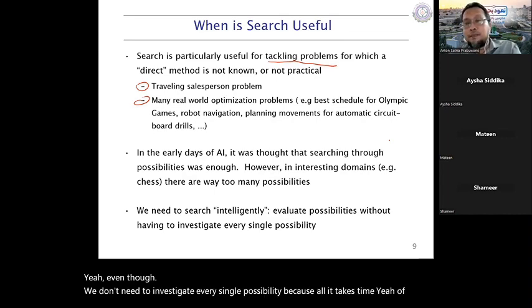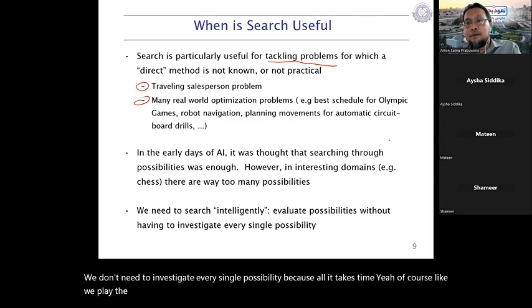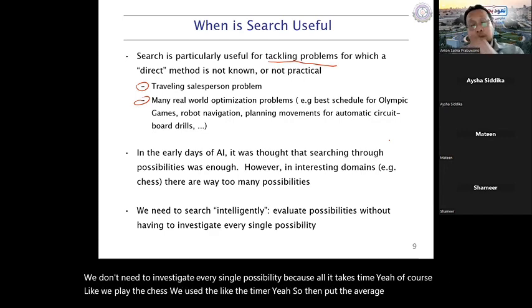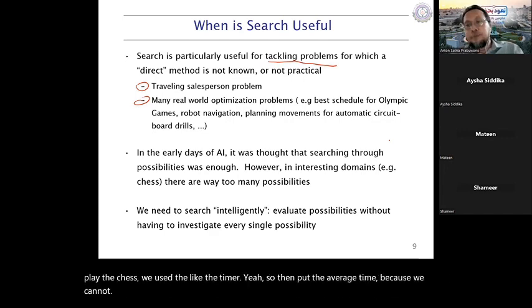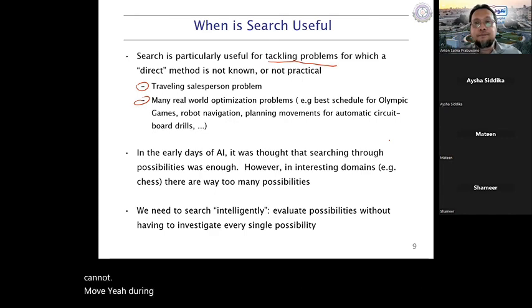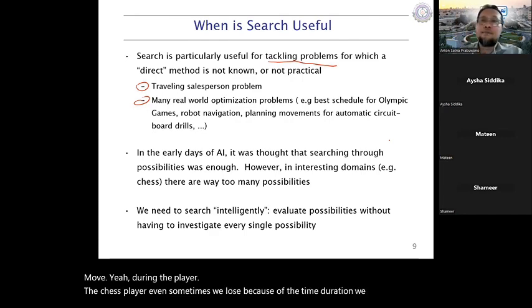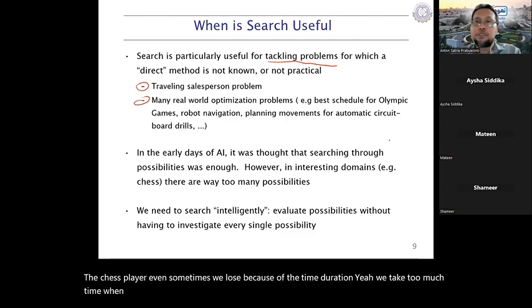Like when we play chess, we use a timer, so there is an average time, because we cannot take too long to move. Sometimes we even lose because of the time duration, if we take too much time to find the solution.